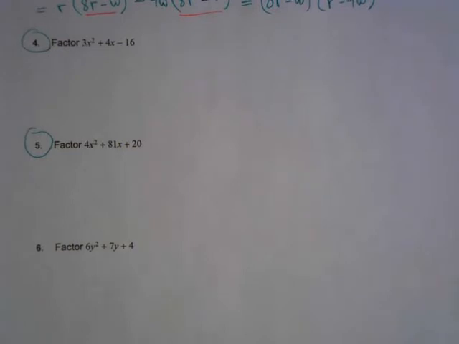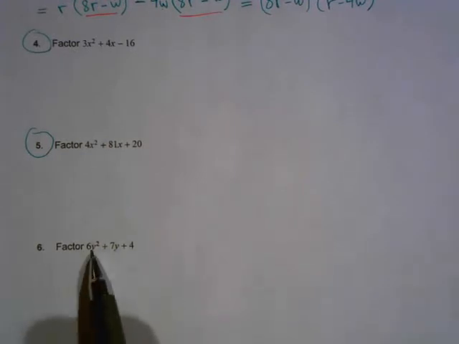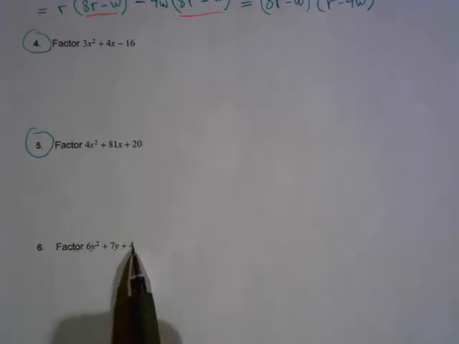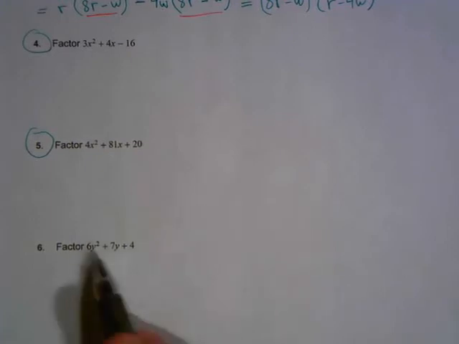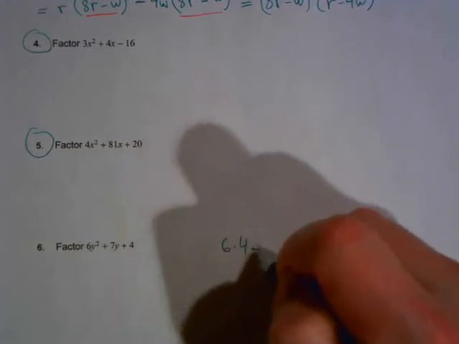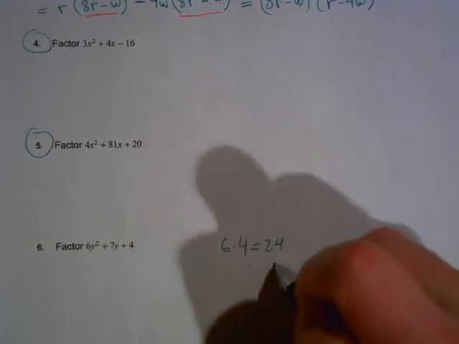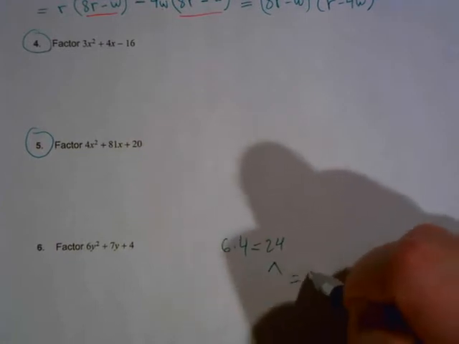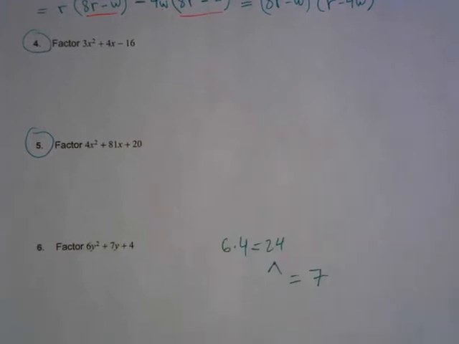Okay, number 6. Number 6, same thought process to start with. I look, 3 terms, no common factor everywhere, multiply my ends. 6 times 4 is 24. I need to find 2 numbers that will multiply to be 24 and add up to 7.